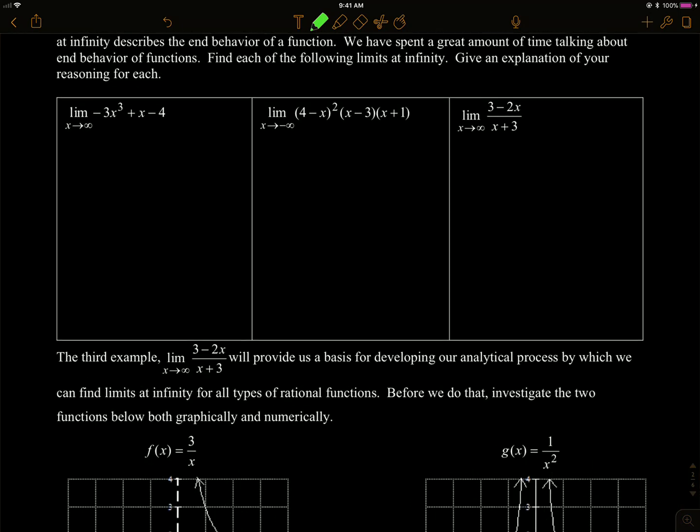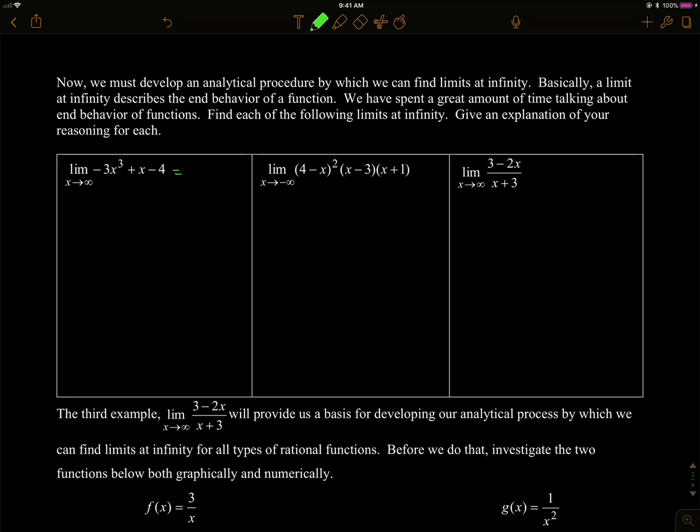So I'm going to say I know that this limit is equal to negative infinity. What is my reasoning?